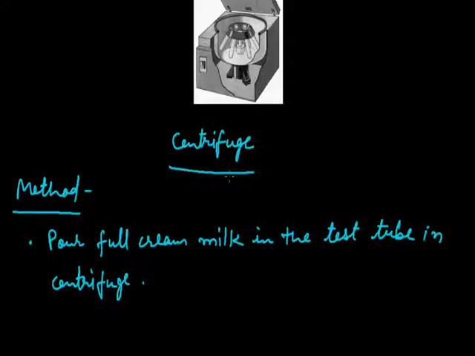When the centrifuge starts working, the tube containing milk swings out in the horizontal position and whirls around its axis at high speed.